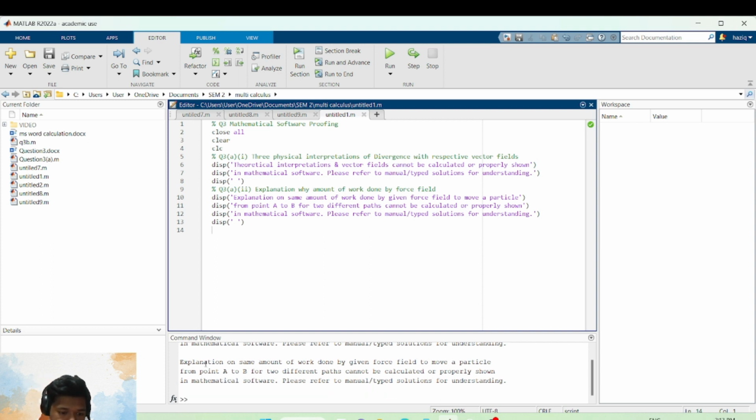And the explanation of the same amount of work done by the given force field to move a particle from point A to point B for two different paths cannot be calculated or properly shown in mathematical software. Please refer to the manual and typed solution for understanding. So that's all for question 3A1 and 3A2.